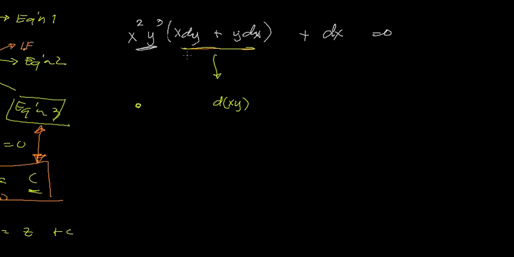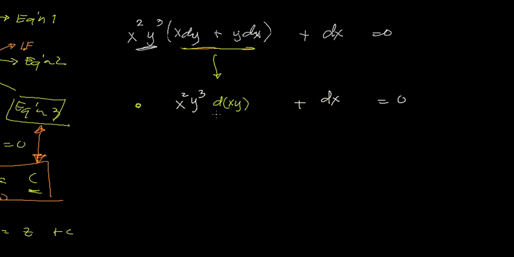So we identify this certain exact differential, and then let's copy our remaining part, which is x squared y cubed d(xy) plus dx is equal to 0. As you can see, we have a differential of xy and the differential of x, and we need to make each term purely xy alone and x alone.